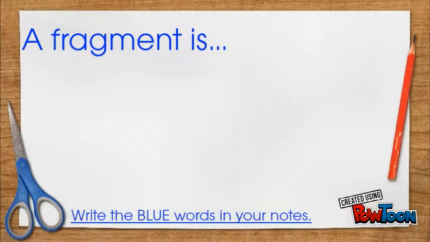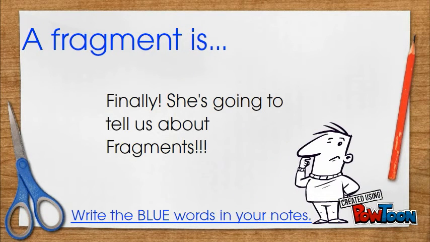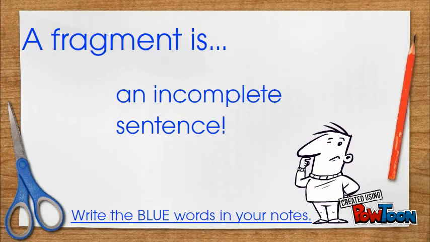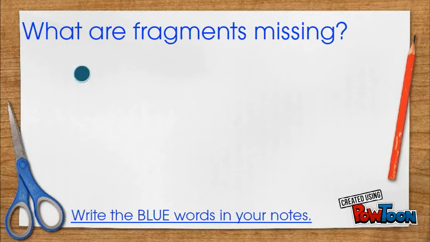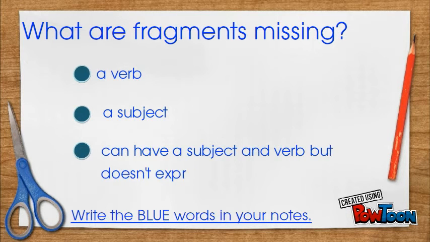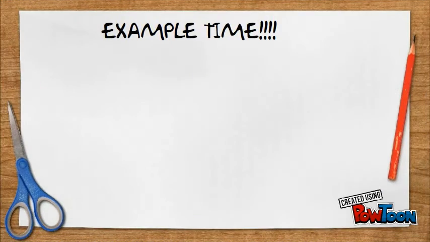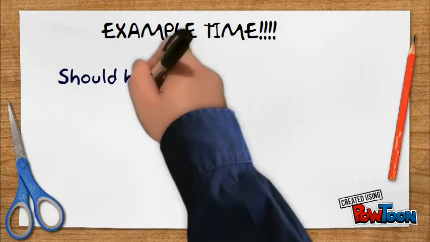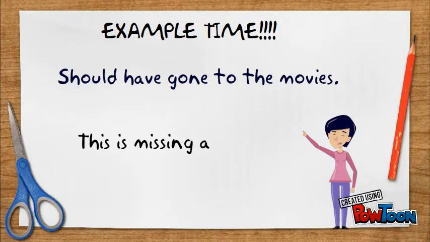Now let's talk about fragments. Here goes. A fragment is an incomplete sentence. It might be missing a verb, it might be missing a subject, or it can have a subject and verb but does not express a complete thought. Here's an example. Should have gone to the movies.